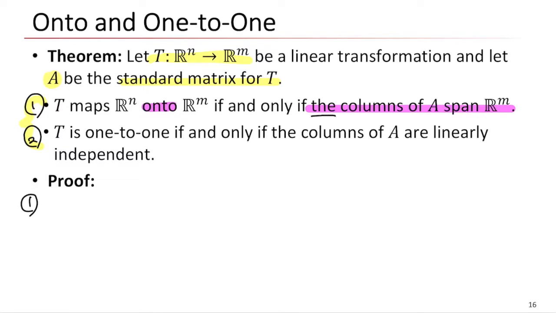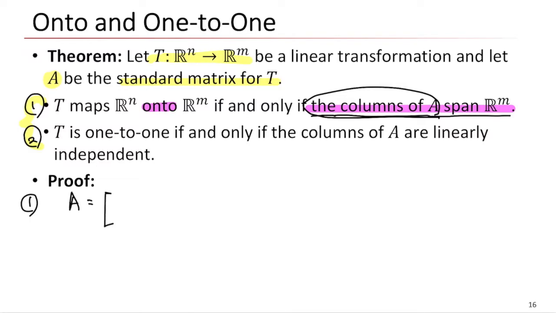So what is the meaning of the columns of the matrix A spanning the Rm space? What does it mean? What are the columns of the matrix A?